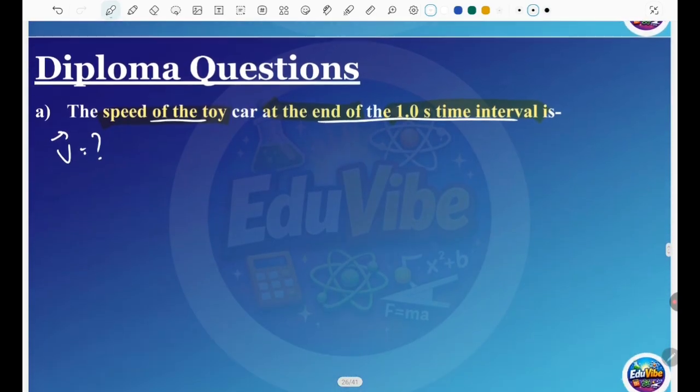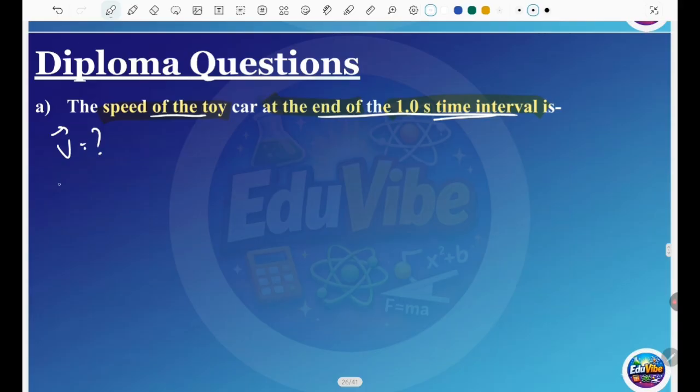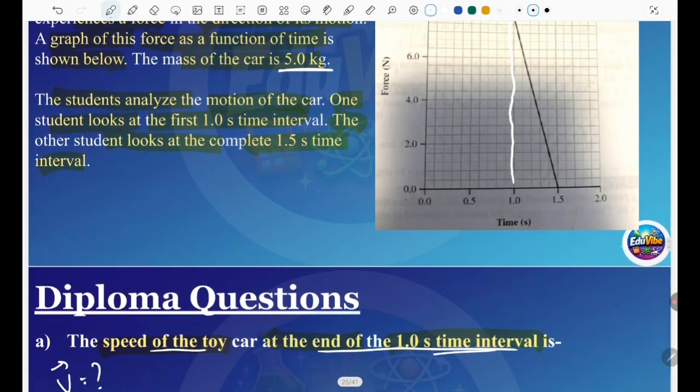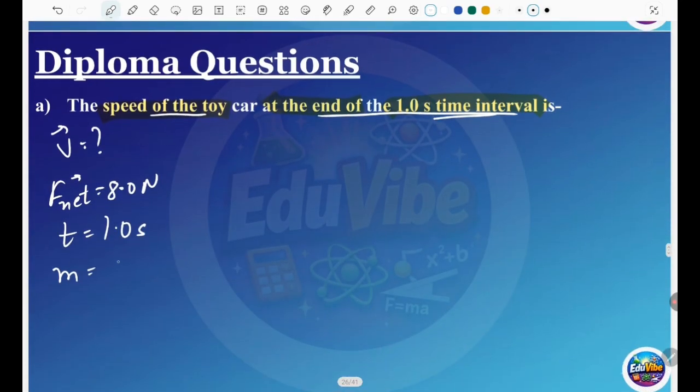So we have a net force of 8.0 newtons, the time is 1.0 seconds, and the mass given to us is 5.0 kg, the mass of the toy car.